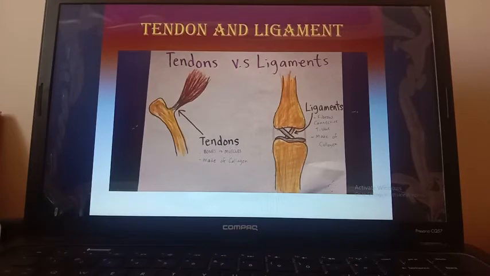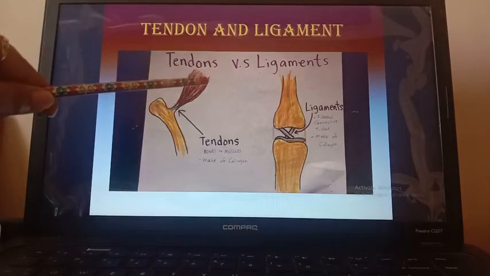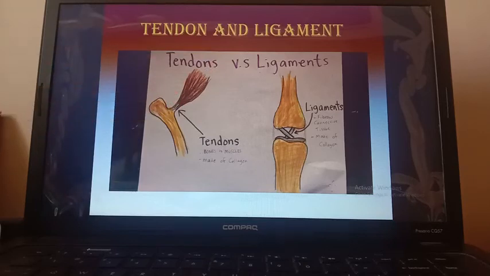It joins muscle to bone. By that, it helps in the movement of bones by contraction and relaxation of muscles.